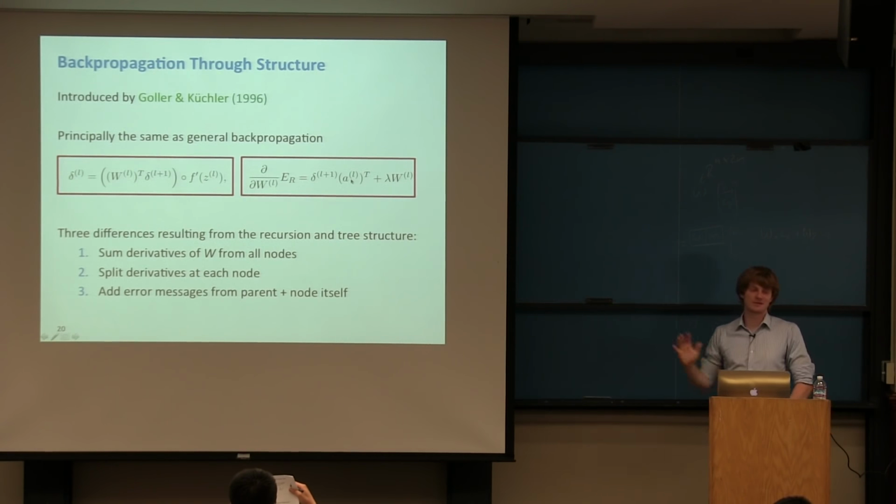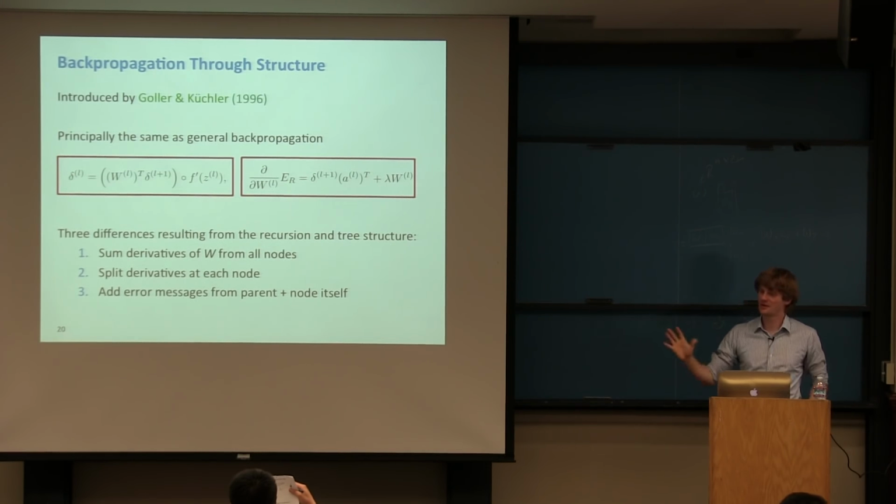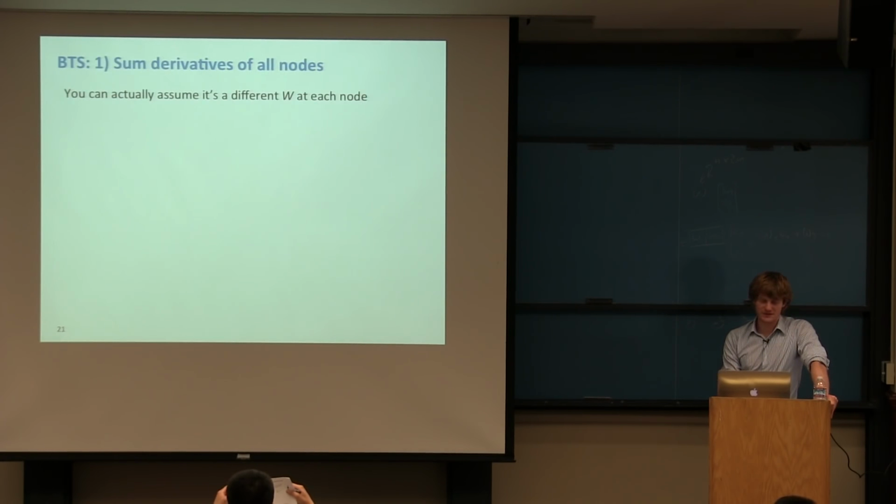So those equations will still be the same, but there are a couple of subtleties here. Namely, the following three differences that result from having now the structured object instead of just the same chain that has different weights at every single layer of the network. So let's walk slowly through these differences.